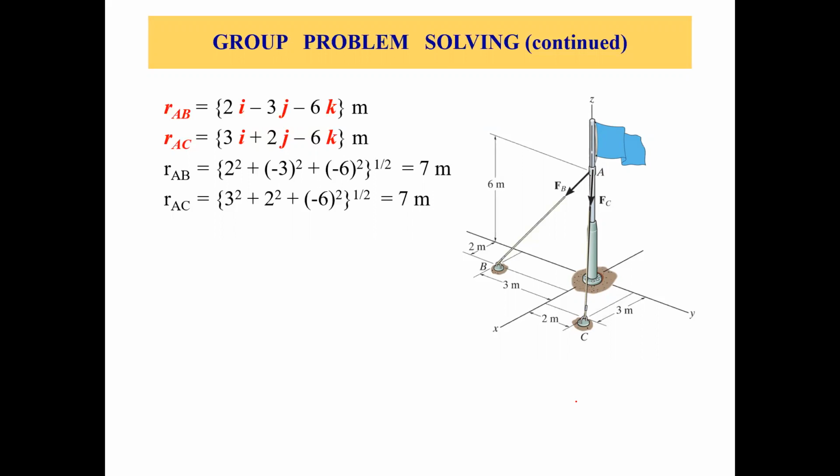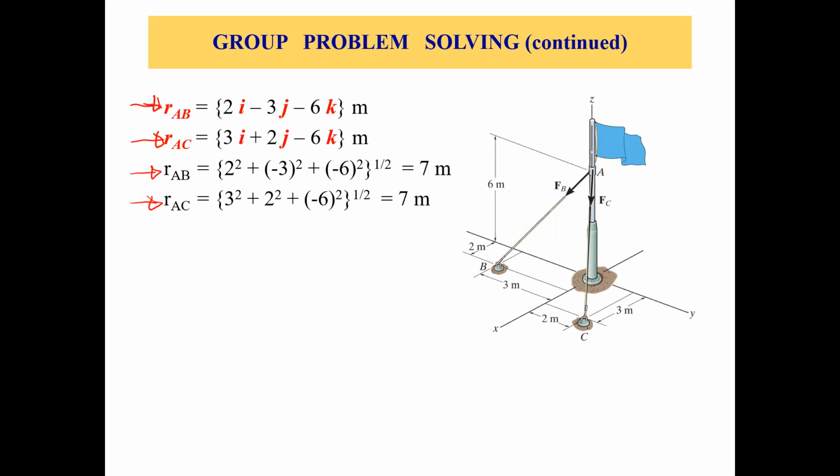We need the position vector, the magnitude of the position vector, and the unit vector. Only then can we find the force vector in Cartesian form. So we need RAB, RAC, the magnitude of RAB, and the magnitude of RAC. Now let's talk about RAB first.